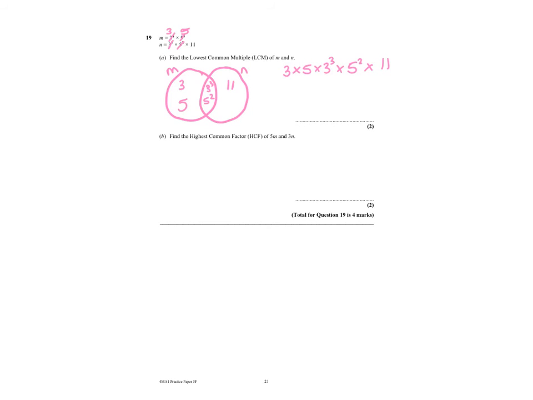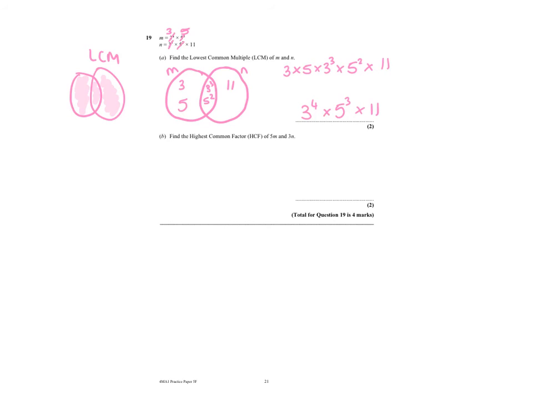If I simplify this, I get 3 to the power of 4 times 5 cubed times 11. Because remember, lowest common multiple using a Venn diagram are all of these sections multiplied together.